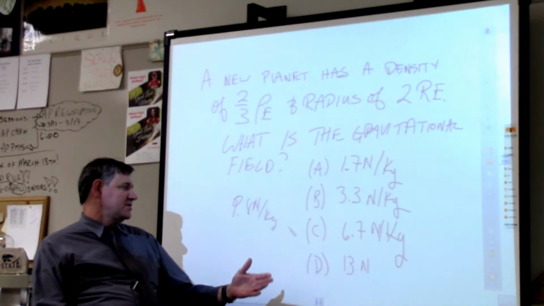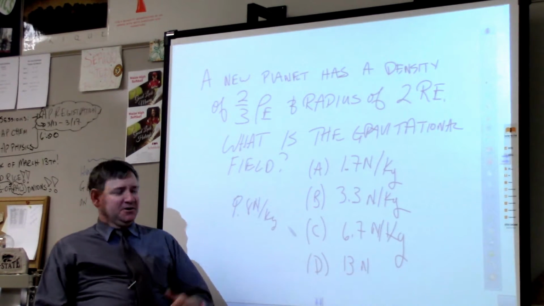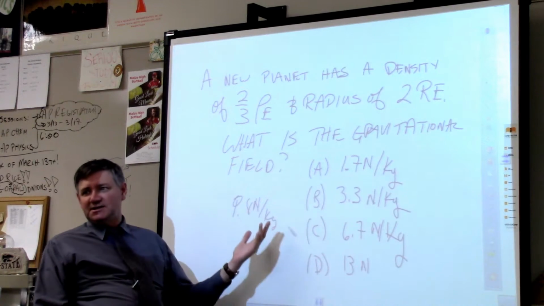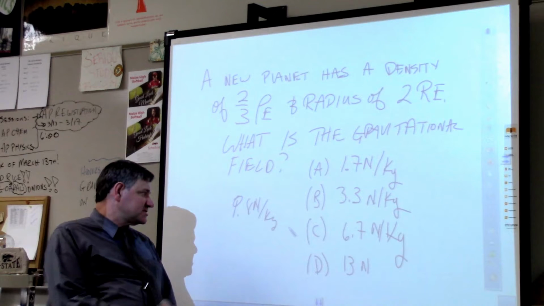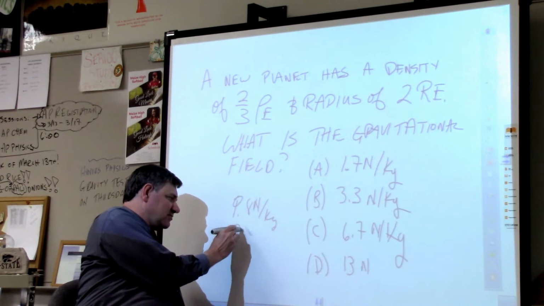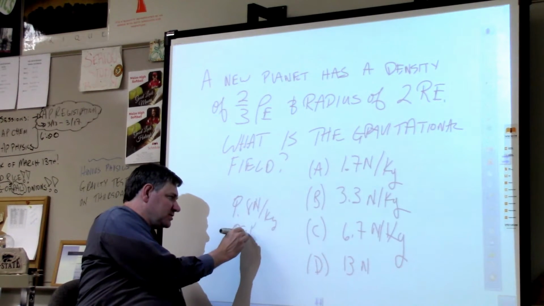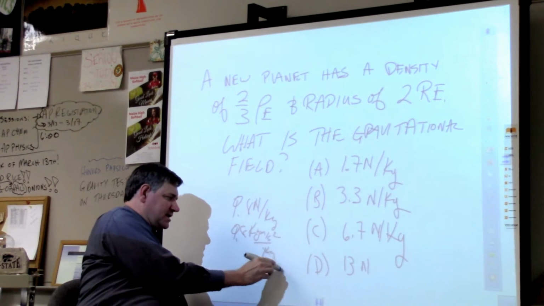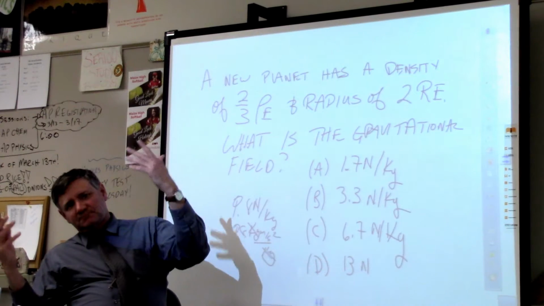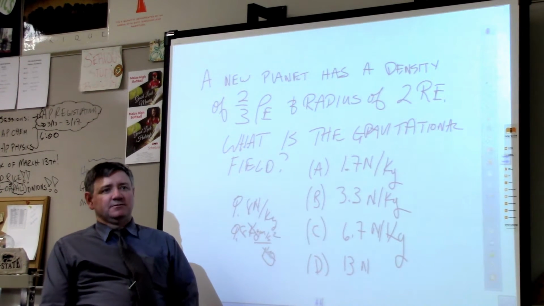For a 1 kilogram mass, that force is 9.8. If you have 2 kilograms, it's 19.6 newtons, so it's a linear function. Newtons are kilograms meters per second squared divided by kilograms, and the kilograms cancel out. You get meters per second squared.